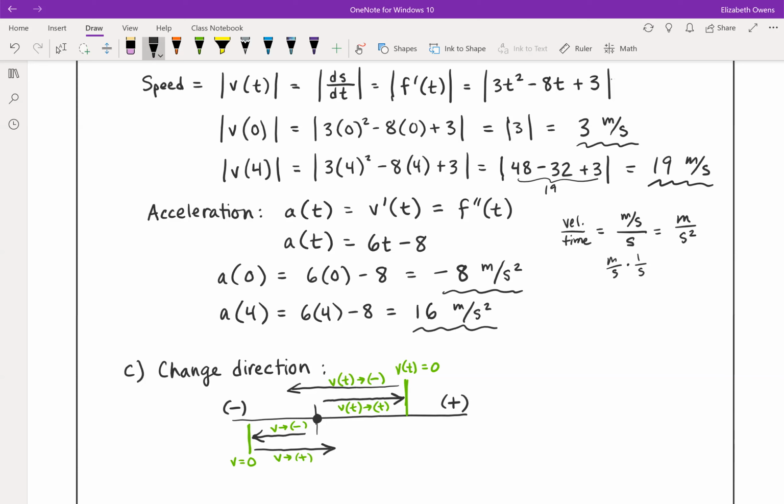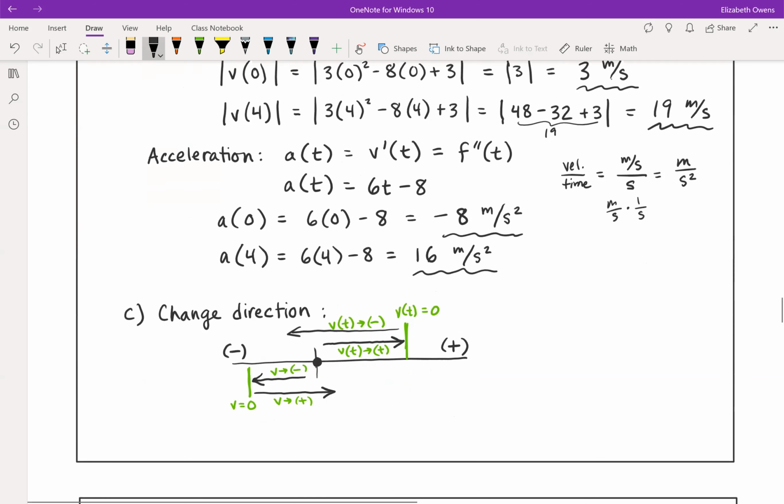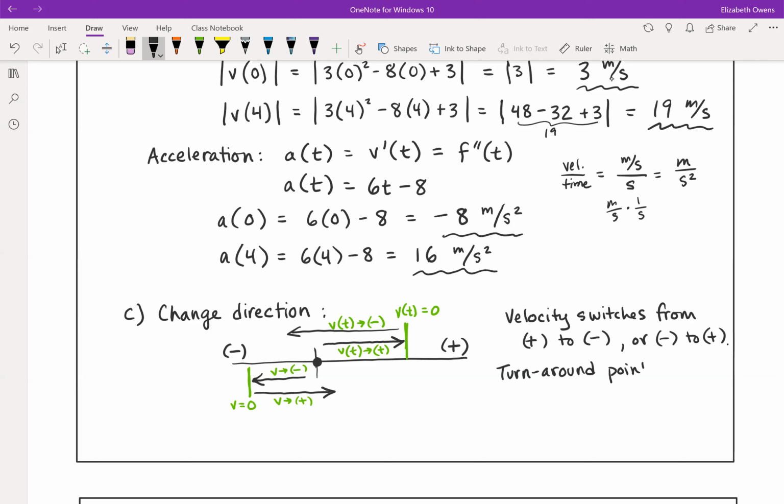Let's summarize that picture here. Velocity switches from positive to negative or negative to positive, either way. At the turnaround point, the velocity is going to be 0 just for a split second.